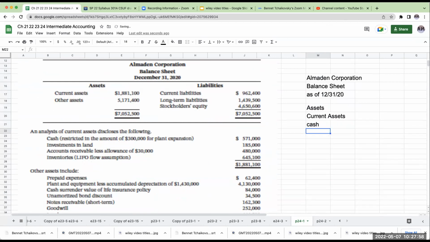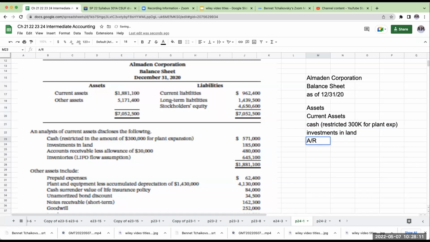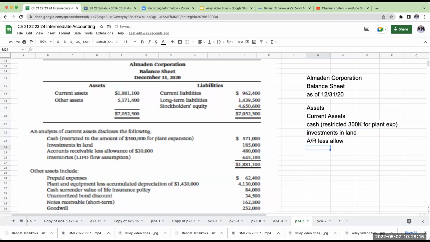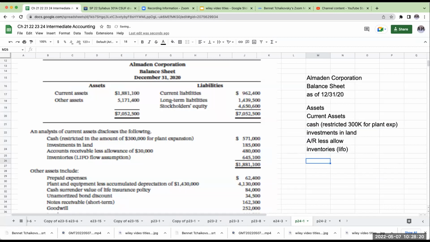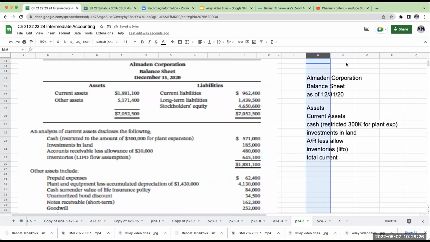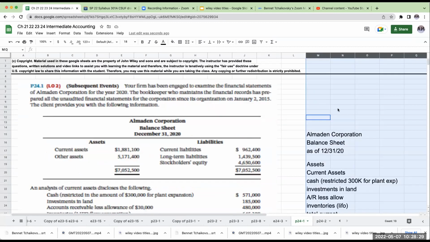So we're going to have cash, investments in land, accounts receivable less allowance, inventories, LIFO. So the total current, at least what they're showing right now.